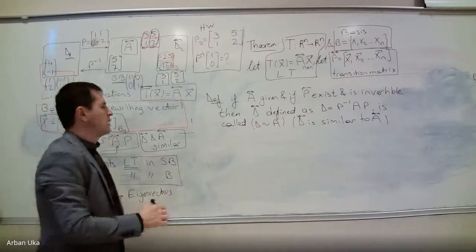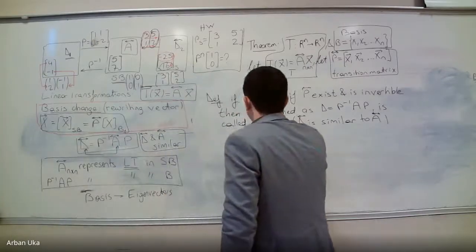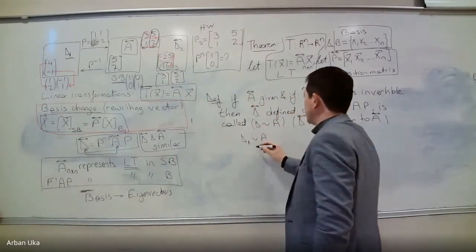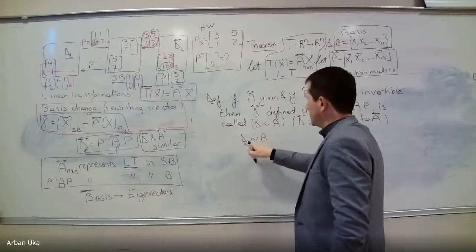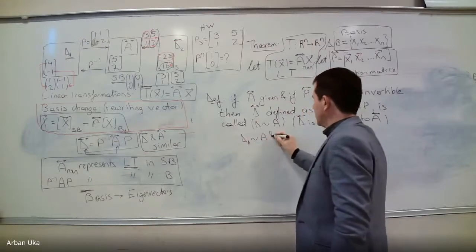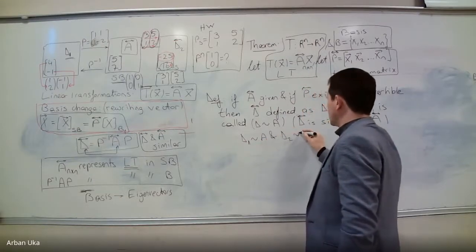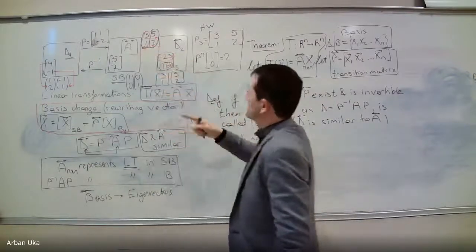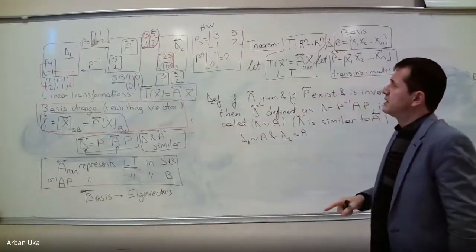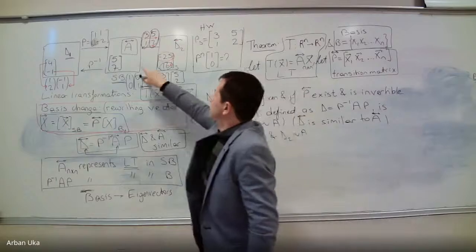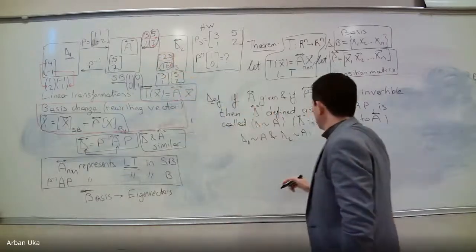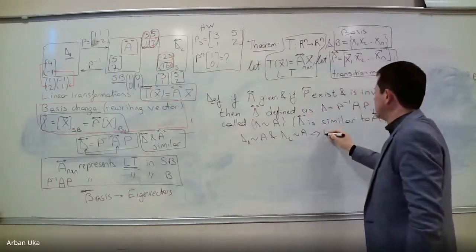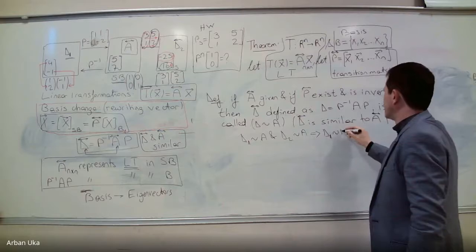But then we have the following. If D1 is similar to A, which is the linear transformation in one basis, and if D2 is also similar to A, why? Because they are similar, because there exists a matrix P which allows such a definition of D2. This implies that D1 is similar to D2.